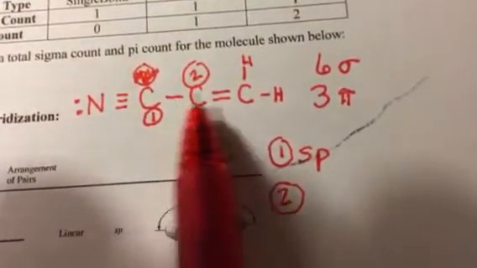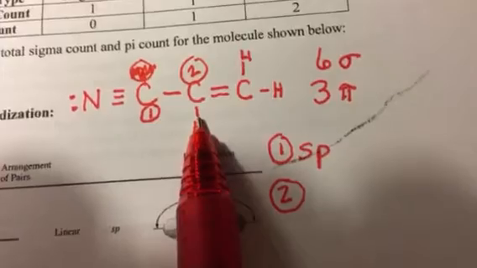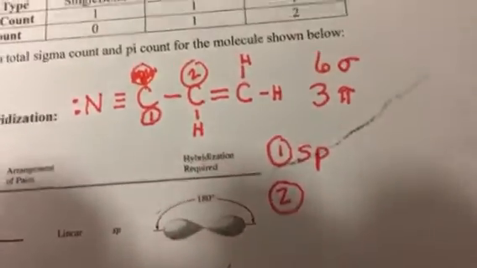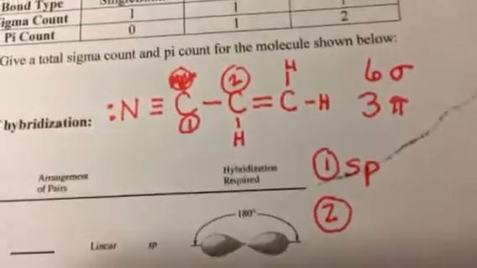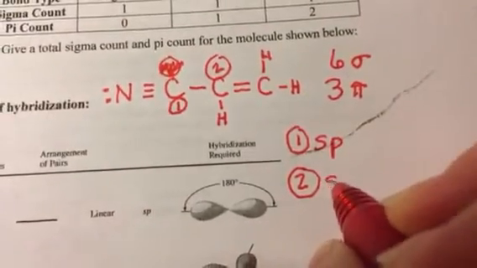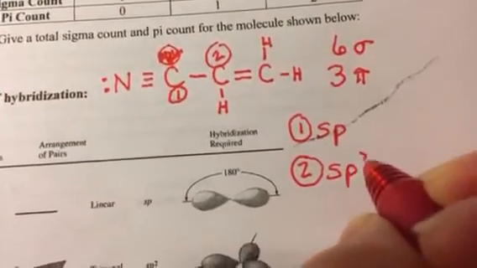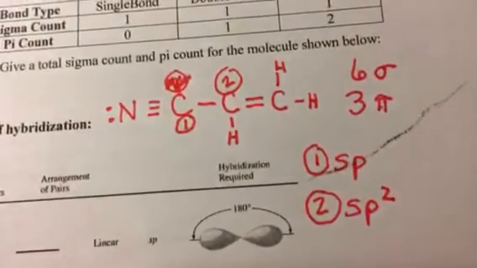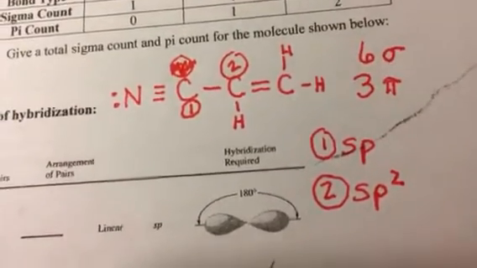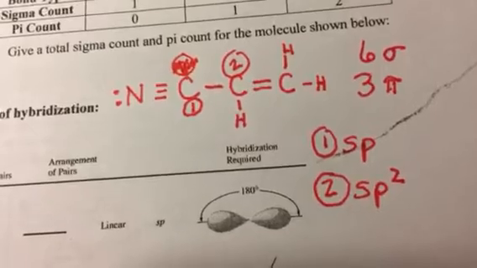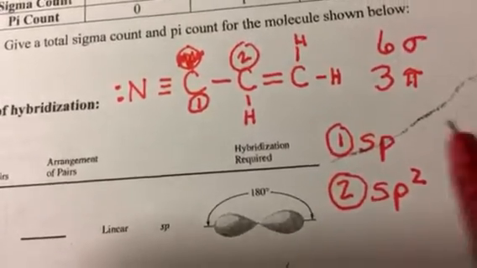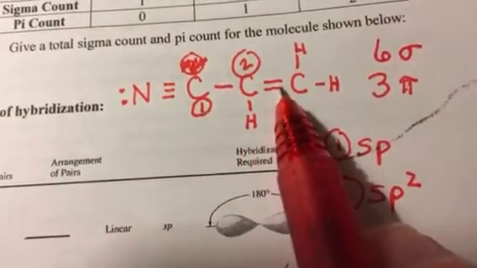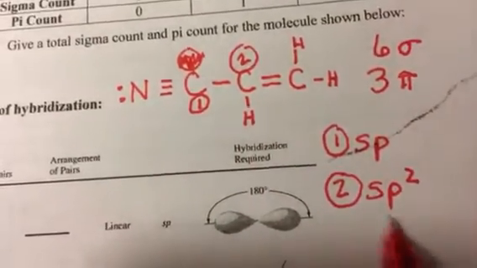Carbon number 2 has 1, 2, 3 domains. Take 1 off the domain count to get the p count. 3 domains would be sp2. So the domain count, if you just subtract 1 from it, you get the p count. 1, 2, 3 domains minus 1 gives me sp2.